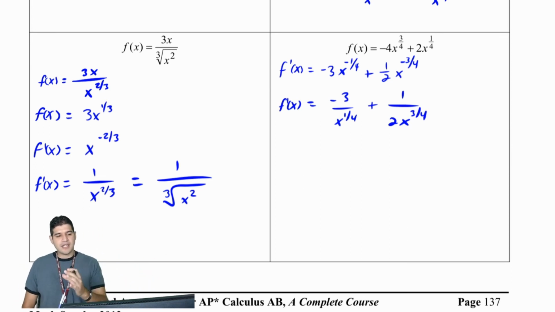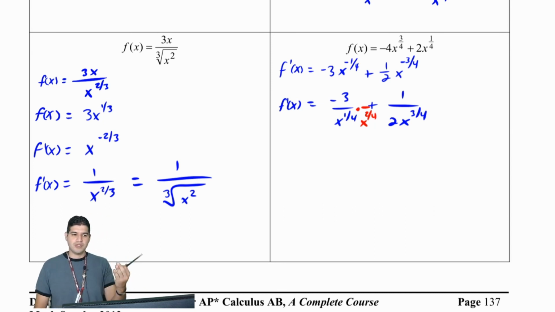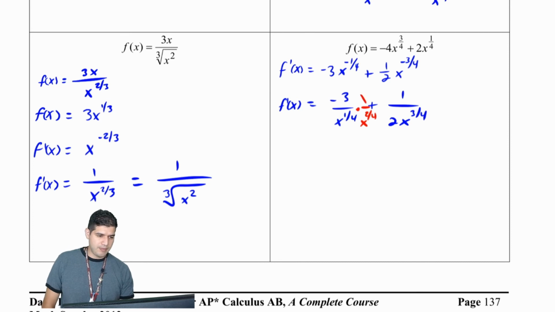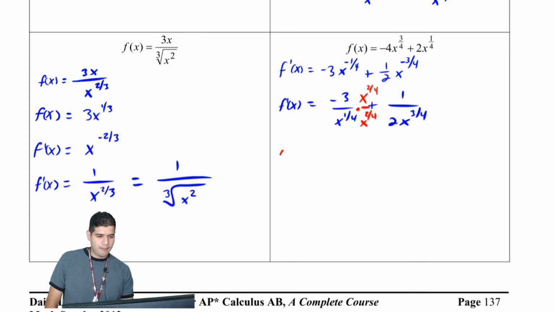And on my left side, I have x to the 1/4. So if I multiply that first fraction by x to the 2/4, and I add those fractions, so 1/4 plus 2/4, I will get 3/4. So I just need to make sure that I multiply my numerator by the same thing. Well, 2/4 is 1/2. So let's see what happens here.